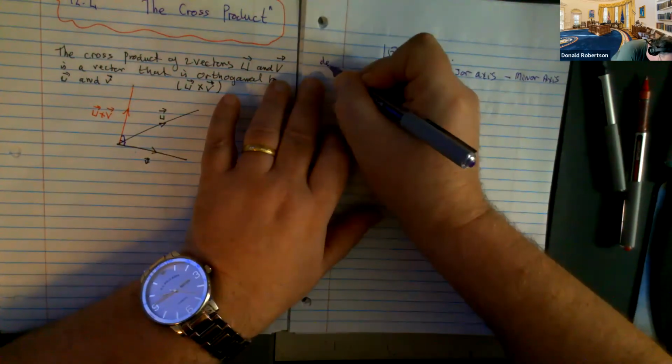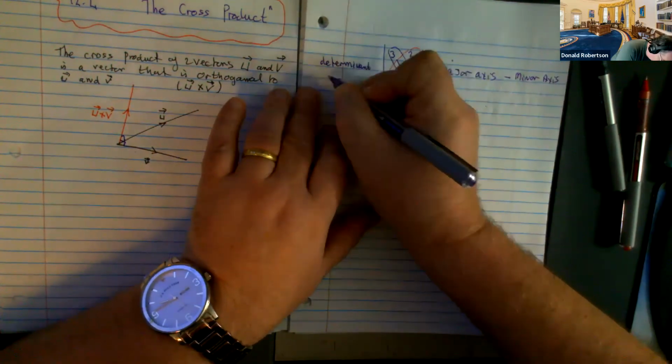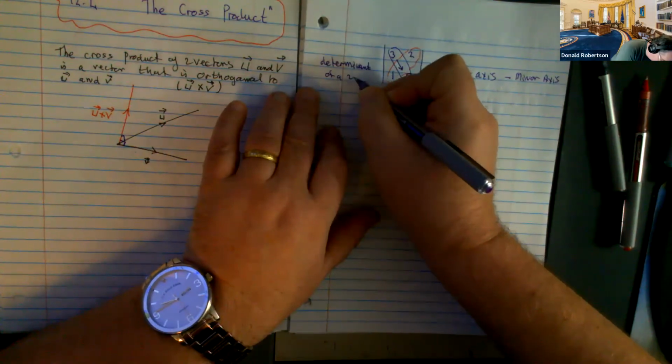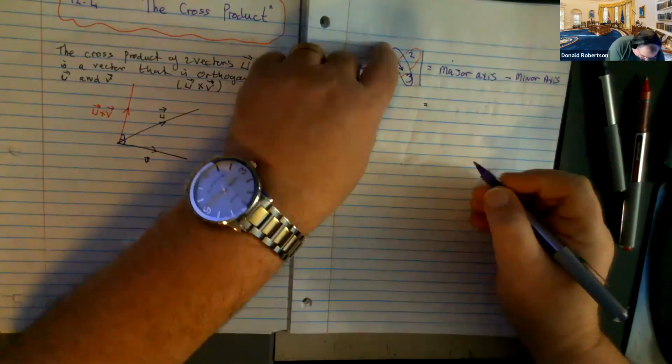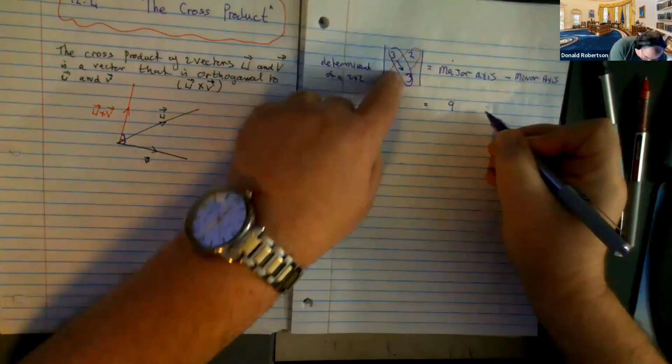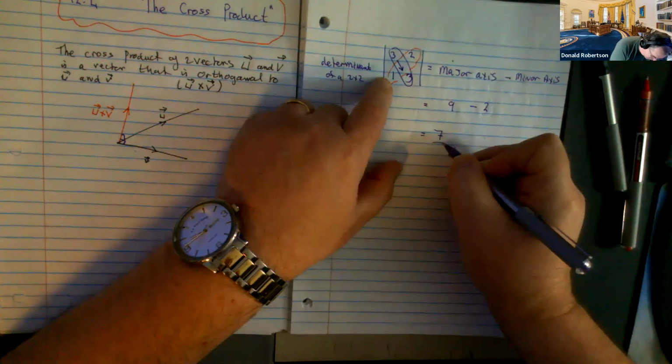So we are finding what's called the determinant of a 2 by 2 matrix, right? In this case, 3 times 3 is 9, take away 1 times 2 is 2, and the answer I got was 7.